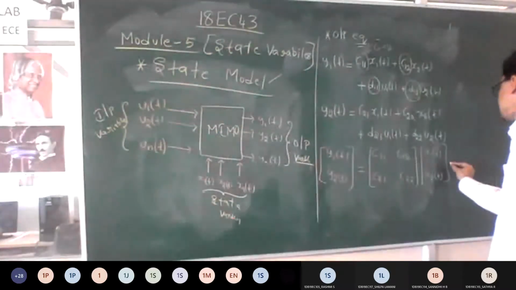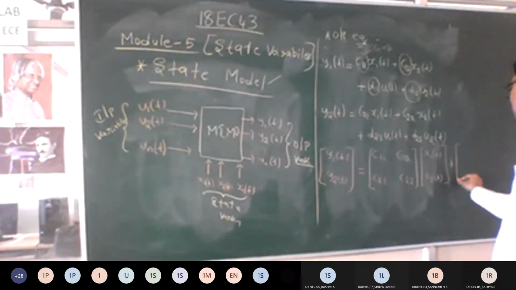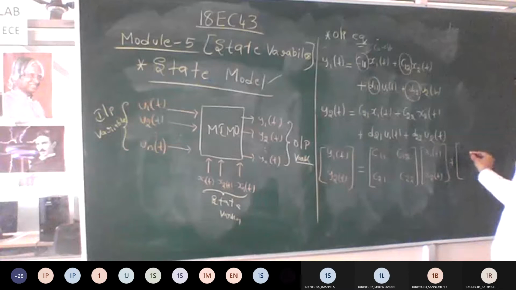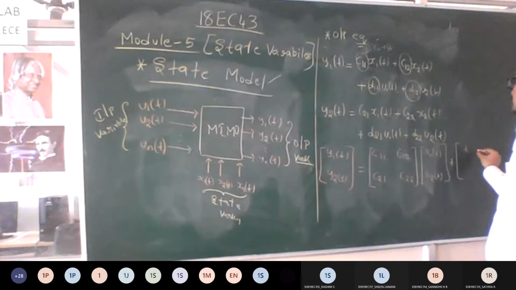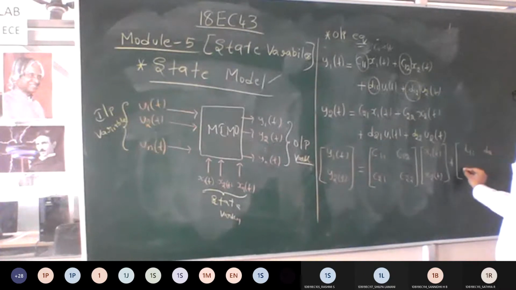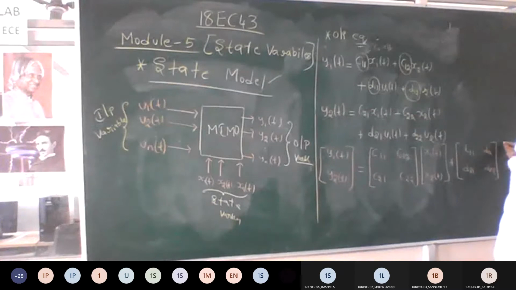So same way I can represent this. So this represents what, guys? D11, D12, D21, D22. So this corresponds with respect to your u1 of t, u2 of t.